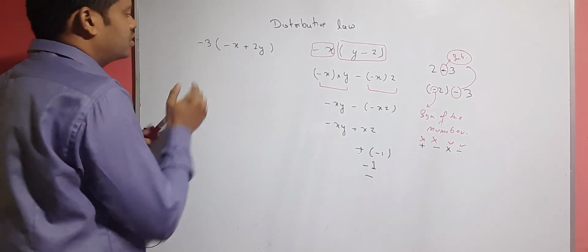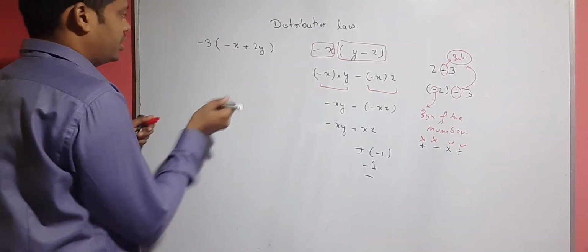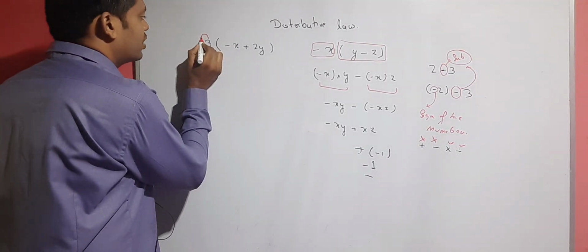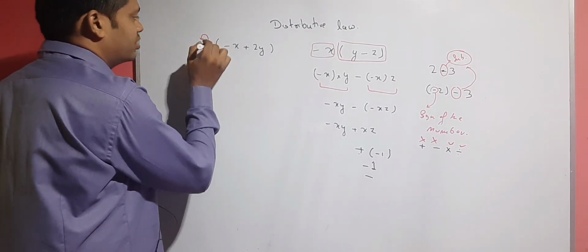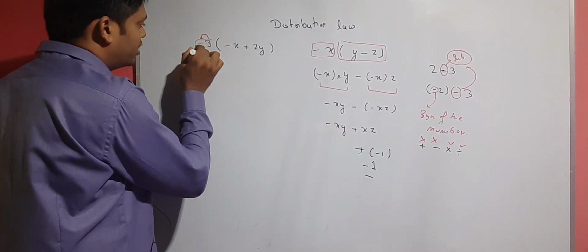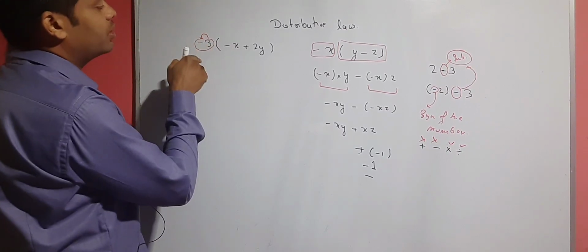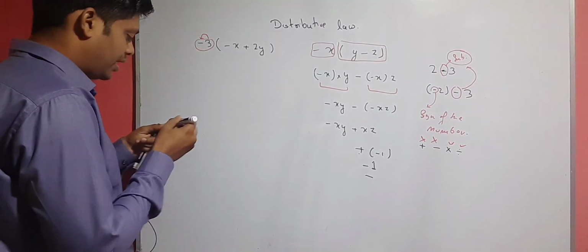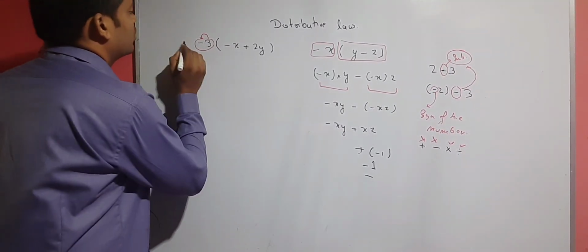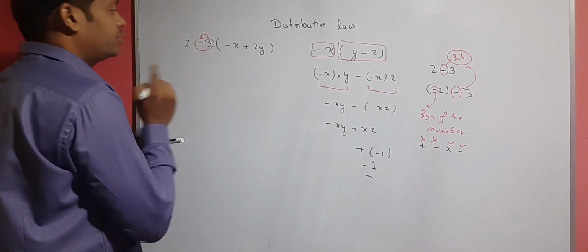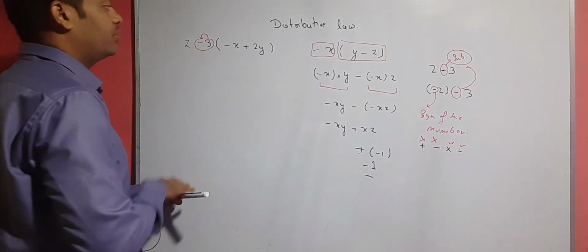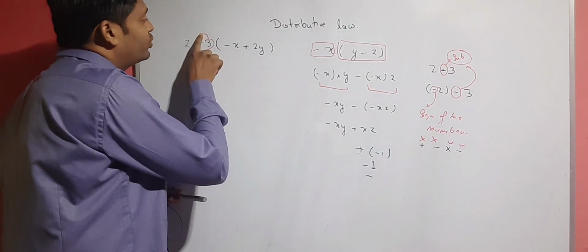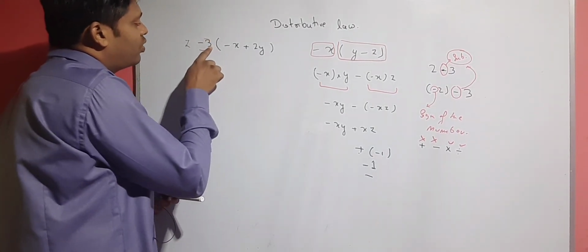Whenever any sign is there before the number, it means this is not the sign which says you have to do addition or subtraction. It is the sign of the number, meaning how much is the number, you will say minus 3. But if I write z here, then you cannot say the number is minus 3, because it is the sign between two things, one variable and one constant.